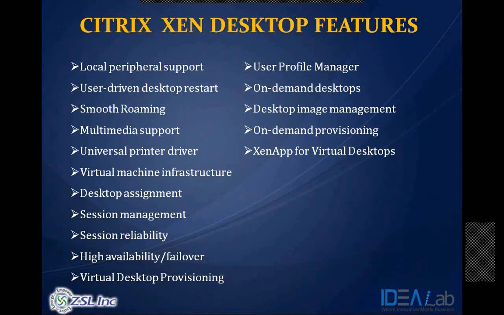So Citrix a few years ago invested in the Zen hypervisor, which is a Type 2 hypervisor. They've brought that in Zen server, and now Citrix has been using the Zen technologies to also do desktop virtualization.